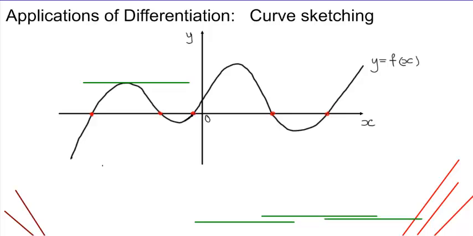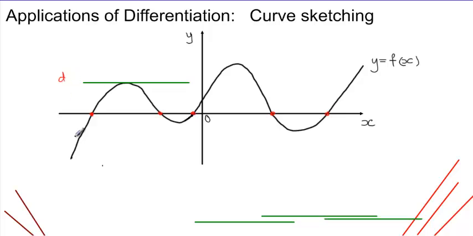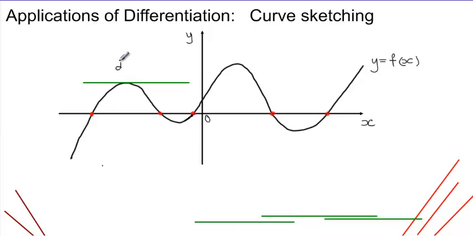But when we are at that point, we must understand that the derivative of the function at that point, dy/dx, would be equal to 0. Sometimes a function can have more than one turning point. Looking at this curve, we can see we've got another turning point somewhere there. Same thing is going to happen, the derivative is going to equal 0.